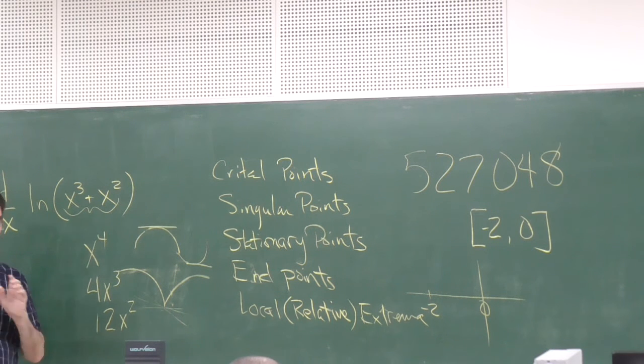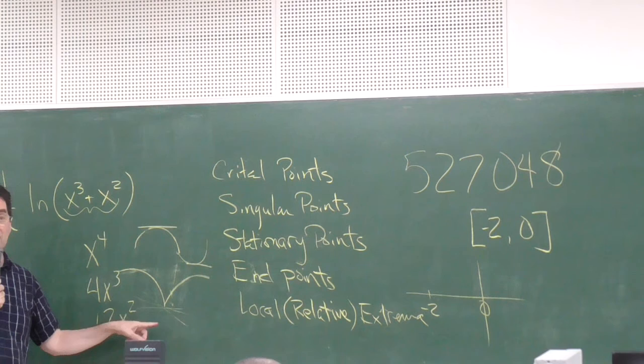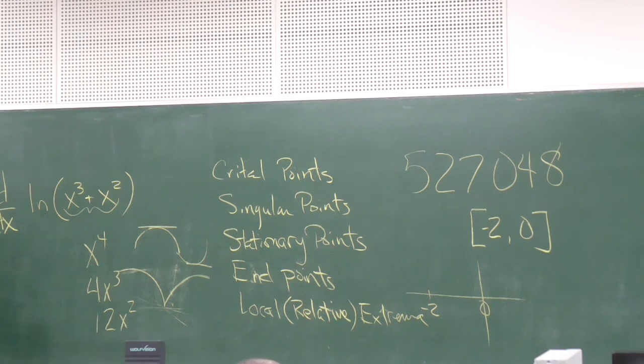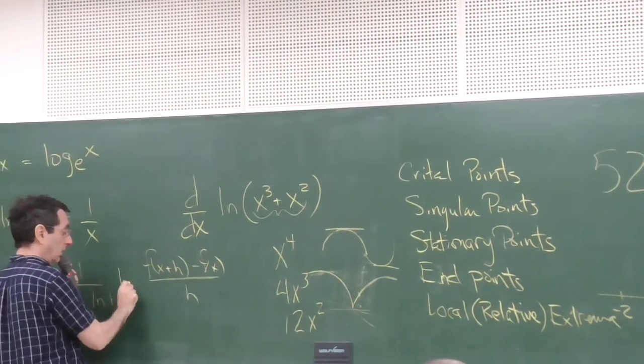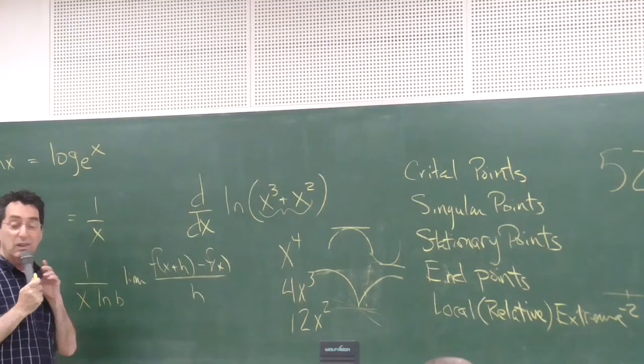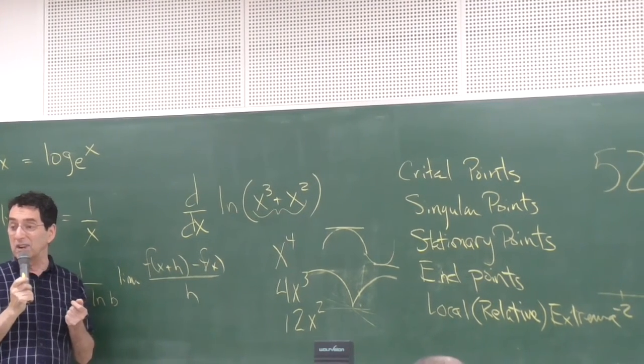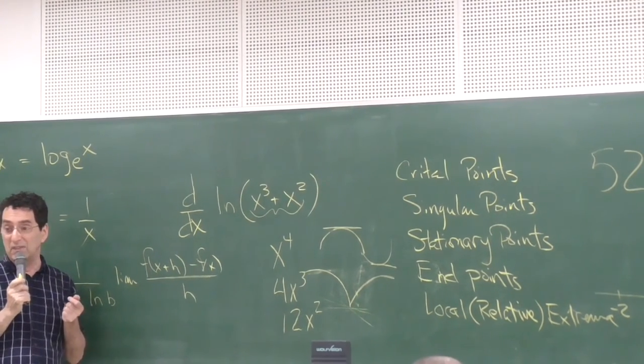What that means is, when we try to calculate the derivative here, the original definition of the derivative looked like this. And there was a limit here. Sometimes limits don't exist, right? Remember way back when we were studying limits?